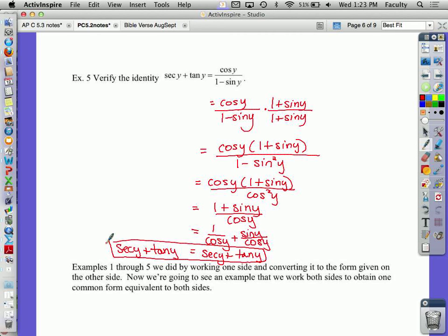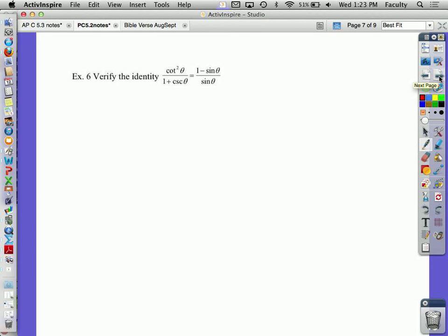So, examples 1 through 5 we did by working one side and converting it to look like the other side. Now we're going to look at an example where we're going to work both of them, okay? But keep in mind you cannot do things to both sides of the equation. So watch what I'm going to do here on the left. And as I'm looking at it, I'm like, oh, I probably should have done it this other way, but that's okay.